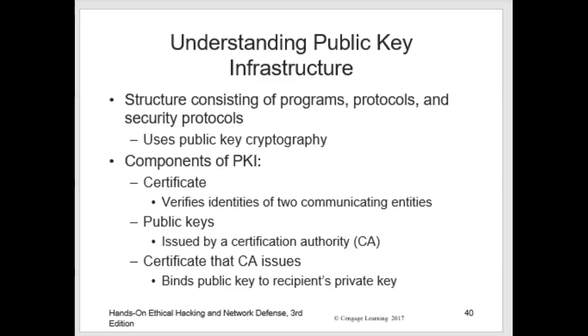So a certificate that a trusted CA issues binds the public key to the identity of the organization, right? And that's who's really trusted. And so you know that the public key you use is indeed the right public key because you trust the certification authority that issued it.